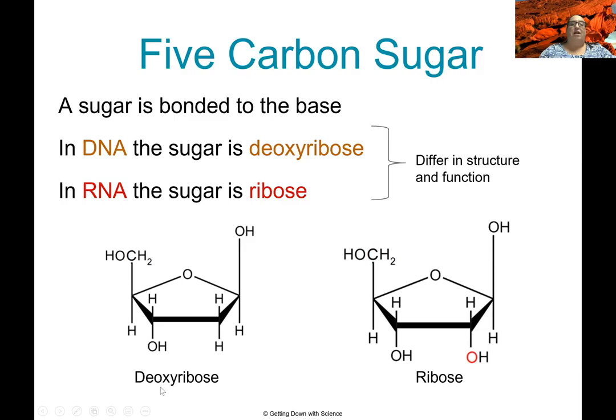So notice deoxyribose has a slightly different structure, and one of the key differences is that oxygen is missing. Ribose has an oxygen, deoxyribose doesn't. And amazingly enough, that oxygen really does play a big role in terms of the structure and function of these molecules.